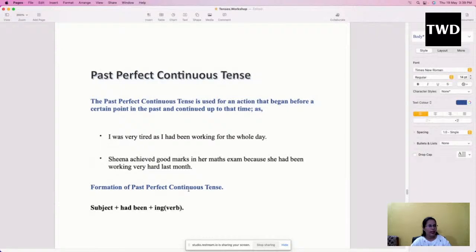Till now, does anybody have any questions on present tense, past tense, present perfect tense, past perfect tense? You can ask. Please, you can message me in the chat so that I can answer you. We have few minutes left.